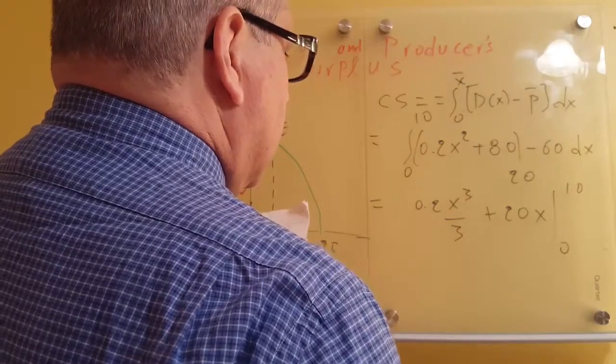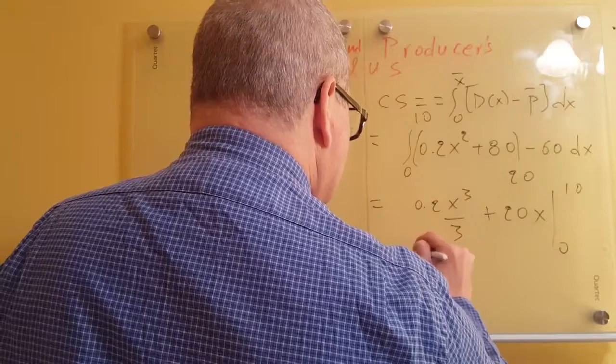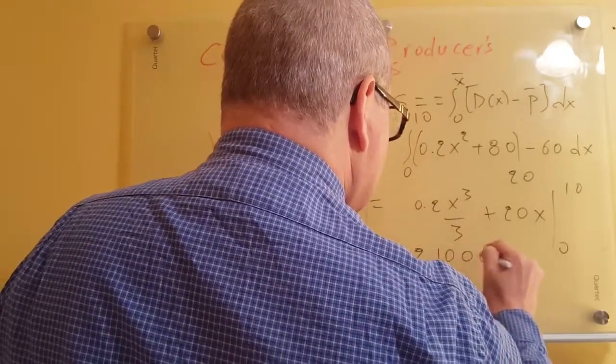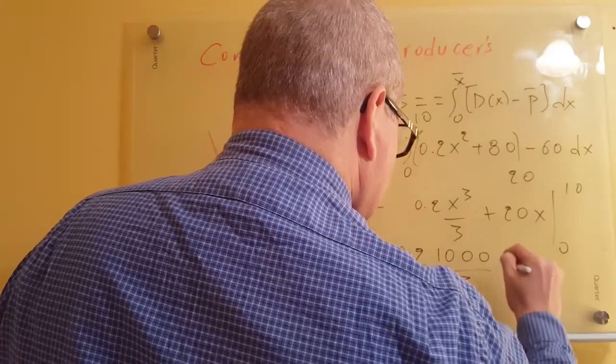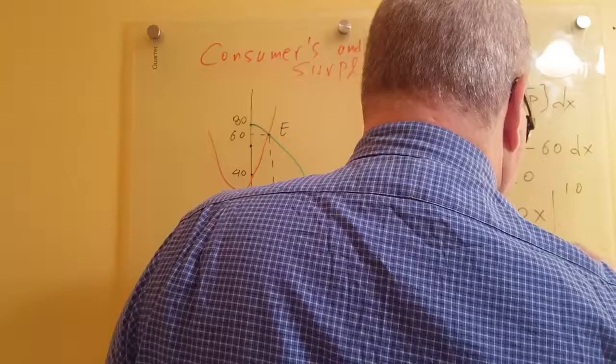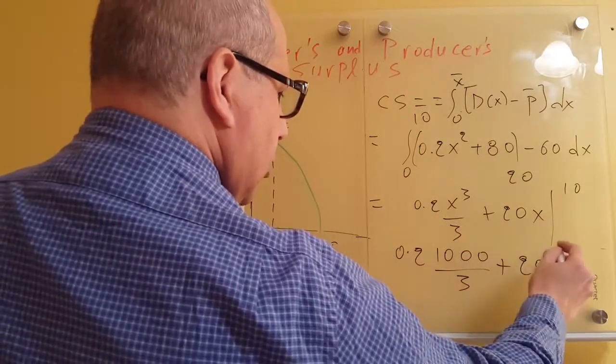So that should be 0.2 times 10 to the third, which is 1000 over 3, plus 20 times 10, which is 200. And then of course you have to subtract it for x equal to 0.